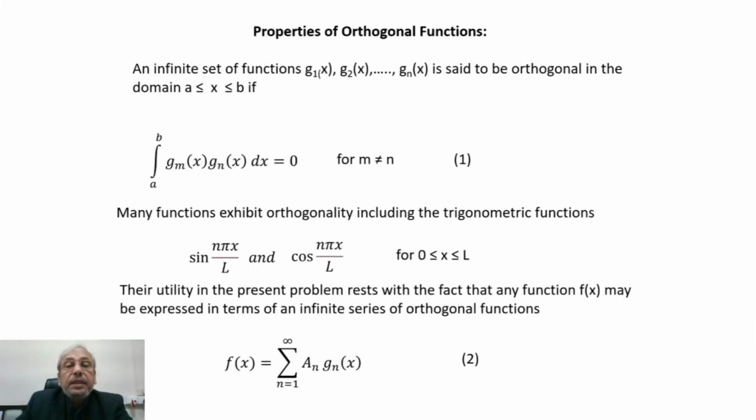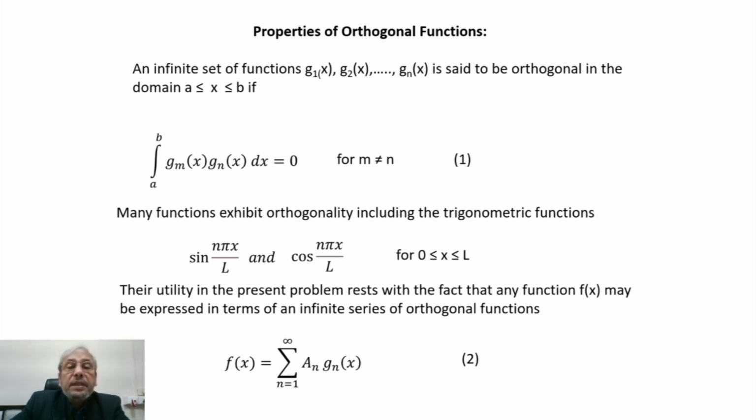Now, in this evaluation or analytical technique, we basically used properties of orthogonal functions. So let me give a very brief overview of the properties of orthogonal functions.